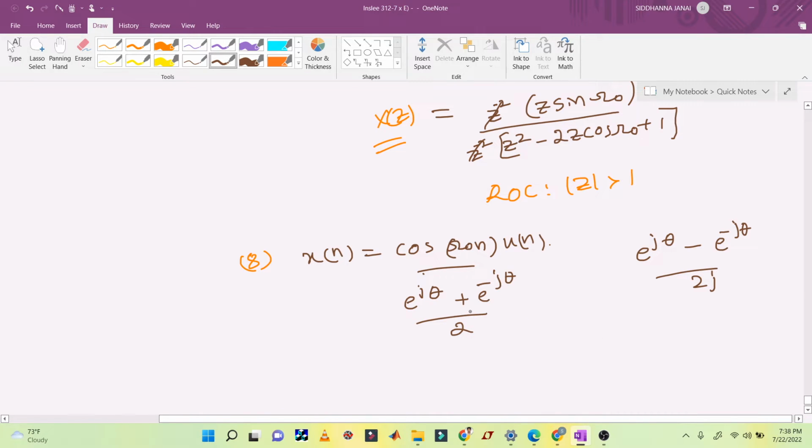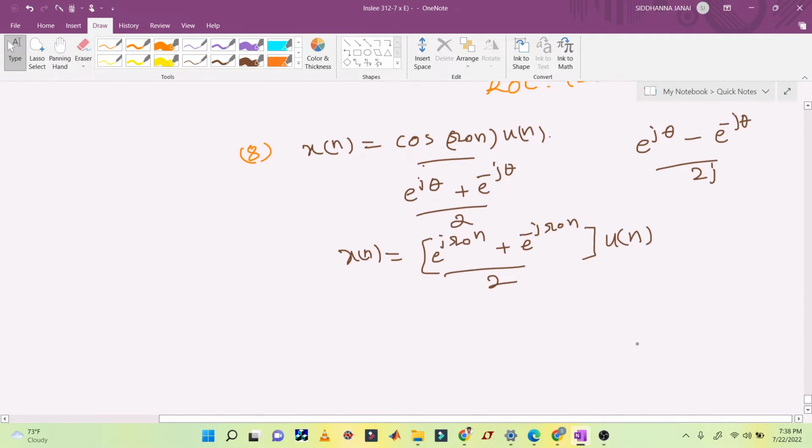So 2j is not there, 2 is there. So here e to the power j omega naught n plus e to the power minus j omega naught n divided by 2. This is our x of n, multiplied by u of n.